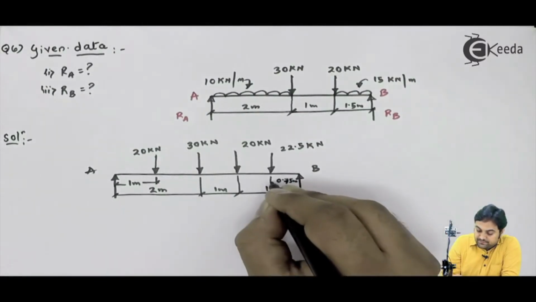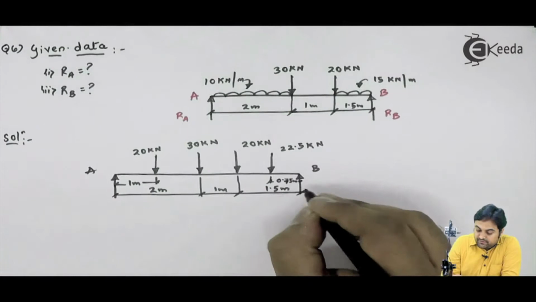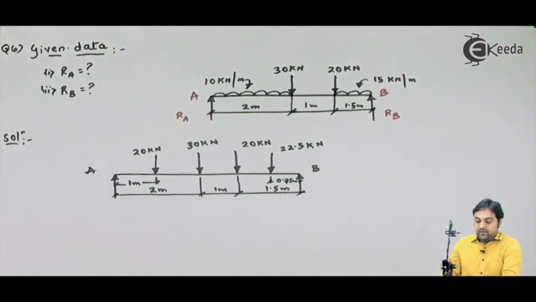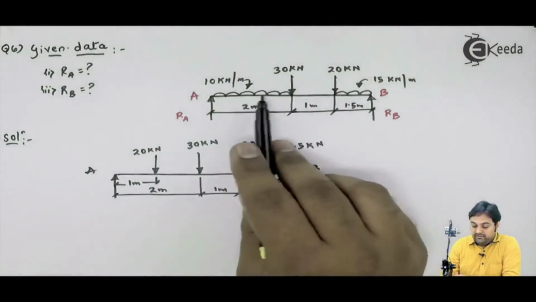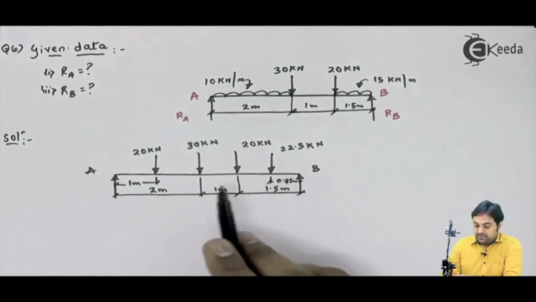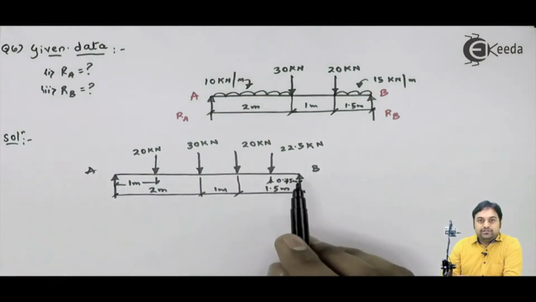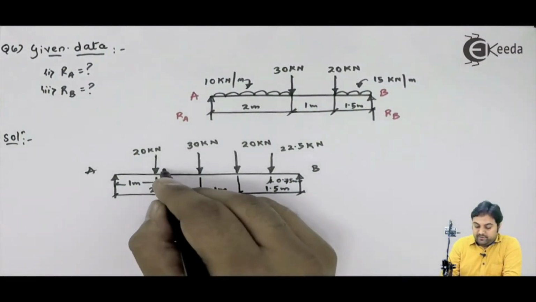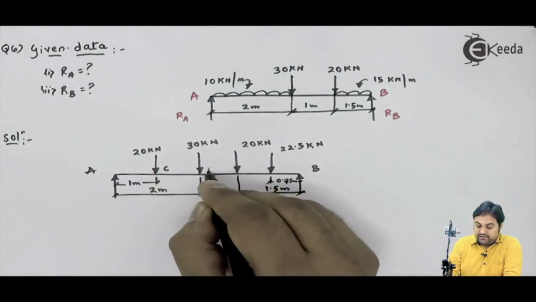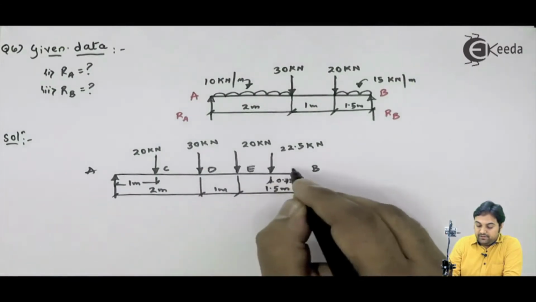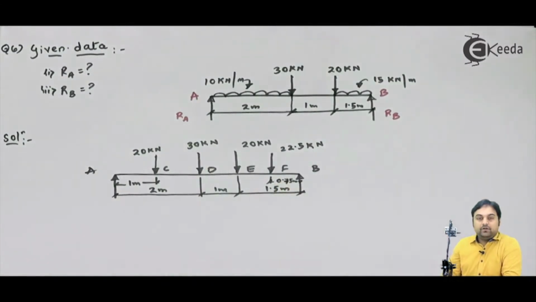That's the distance with respect to point B. Now, as I can see in this problem, all UDL have been converted into point load. So, to get the solution is simple for this. Here I would be marking this as point C. Here I have D, E and F. So, let us try to get this by using the conditions of equilibrium.